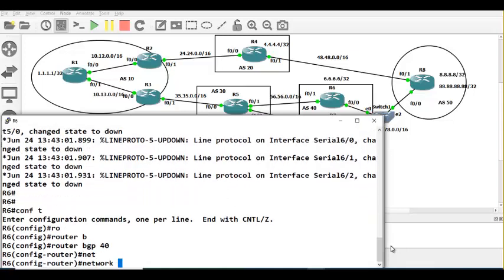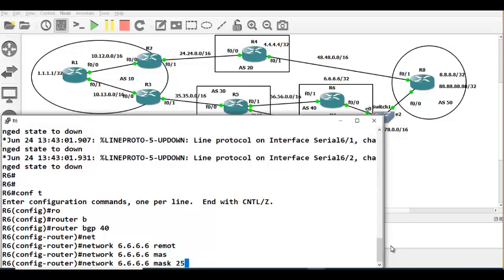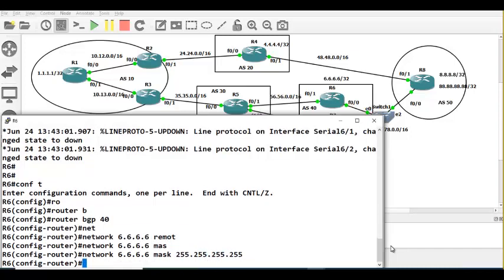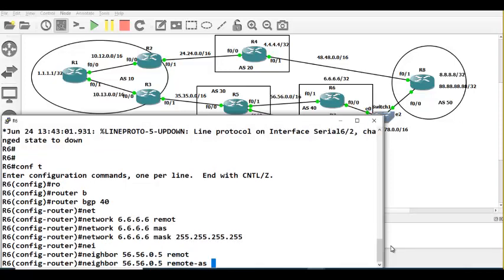Network I wish to advertise is network, remote AS, mask. Next is neighbor, remote AS 30.